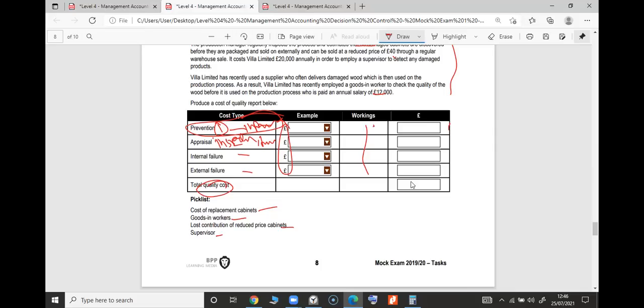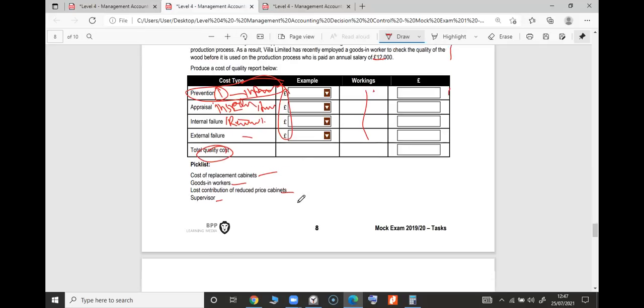Then internal failure, that's going to cost you. What are those? Could be quality related. Rework, isn't it? Internal faulty components, and you have to rework it and it's going to cost you. Reinspection could be. Okay, external failure.